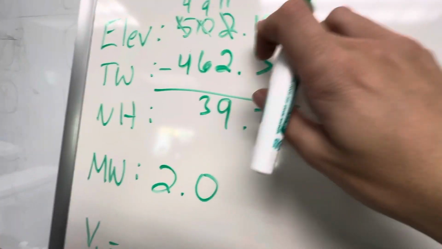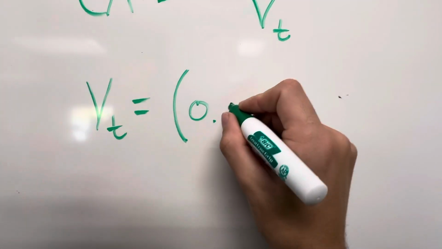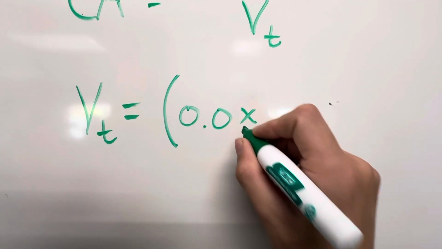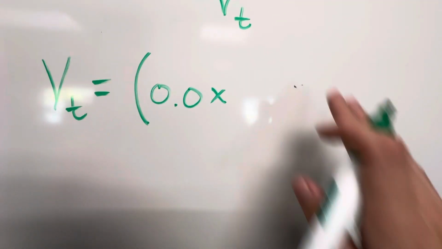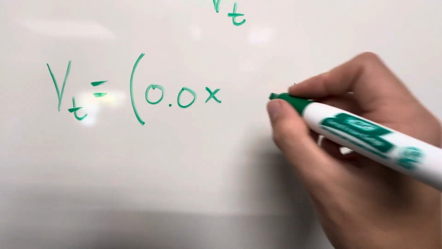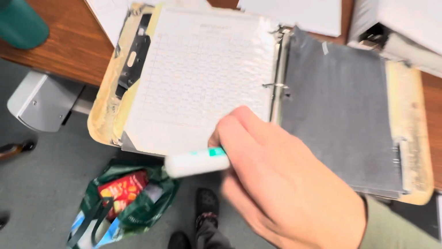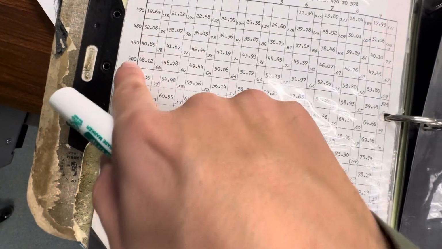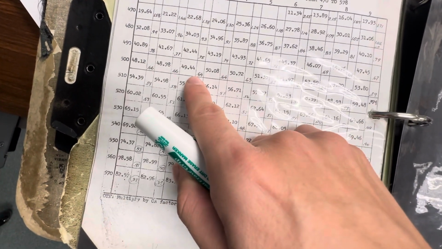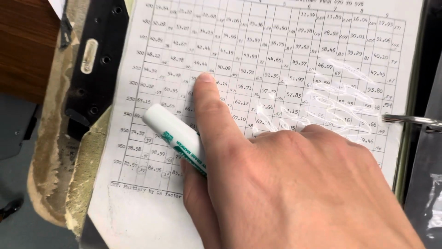But we have 502.0, so I'm going to put 0. And you'll multiply that, 0 times, and yes, you're right, I did forget, 502, okay, 0.64.